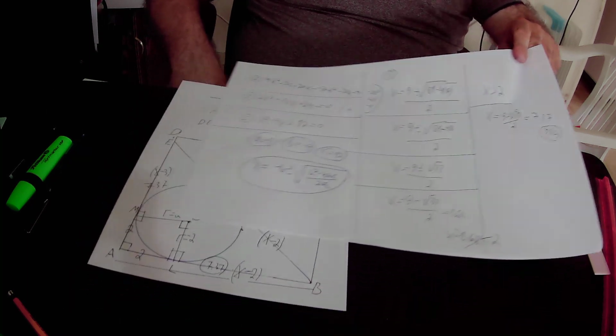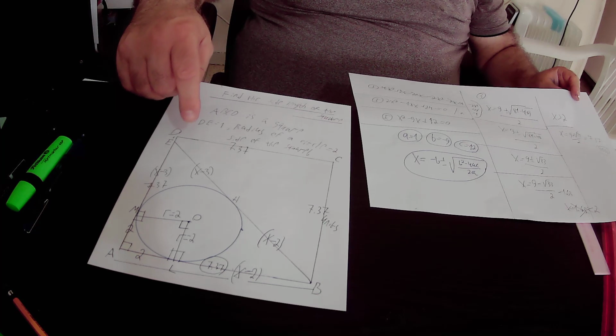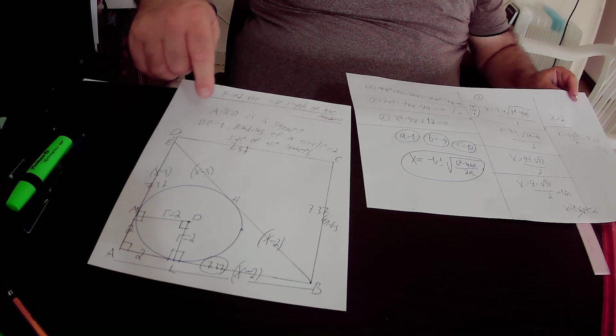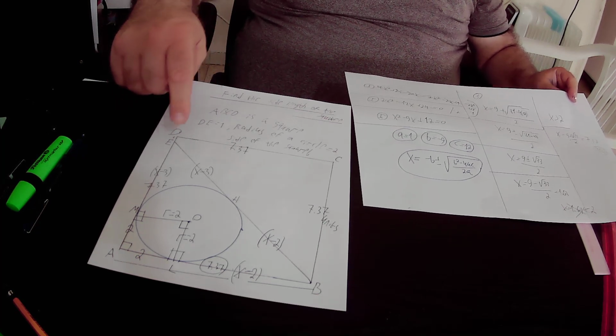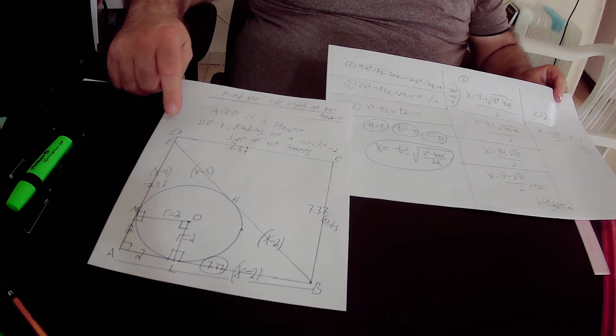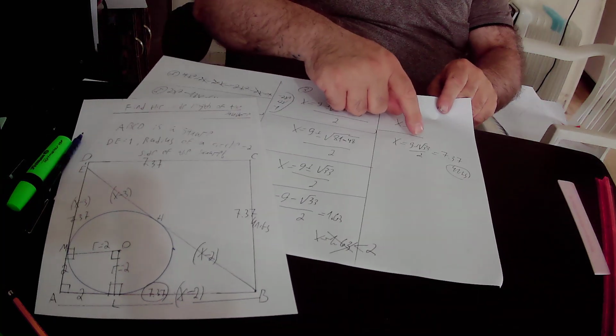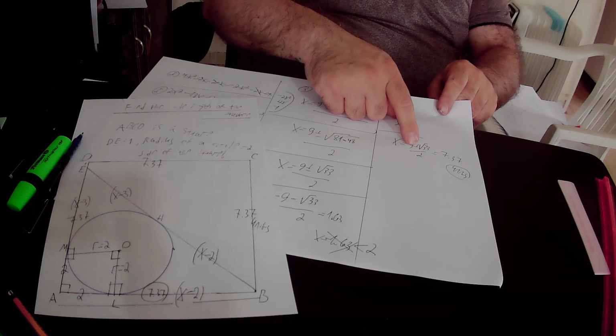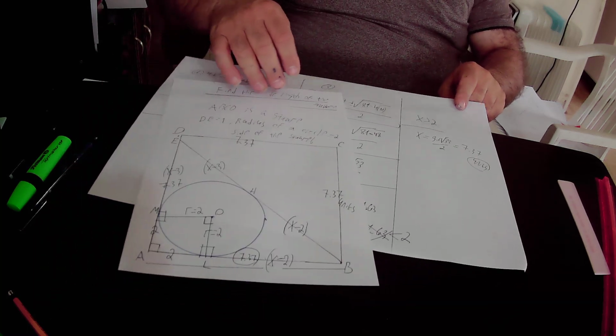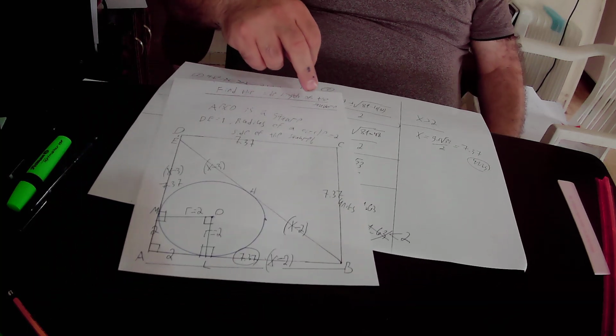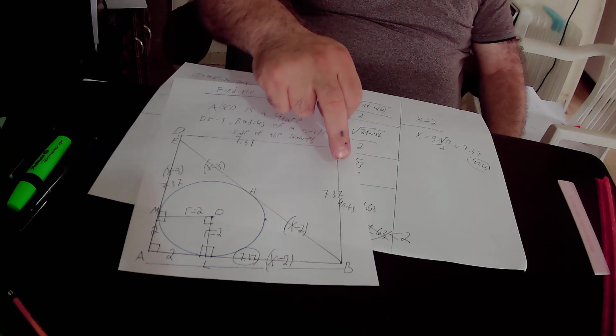So x, one side of quadrilateral ABCD, according to our definition, is equal to 9 plus square root of 33 units over 2, or in terms of numbers, one side of square ABCD equals 7.37 units.